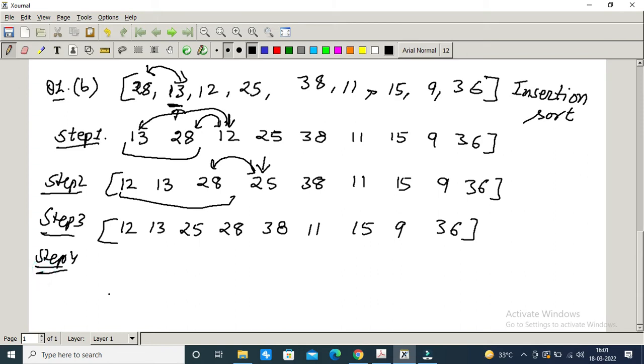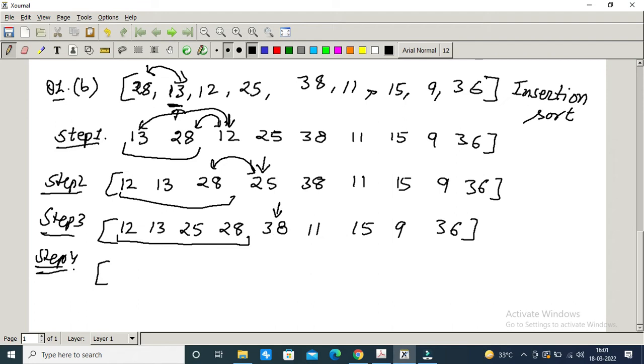Now all 4 elements are already sorted, and in the next step we will pick 38 and insert it at its proper place. Because 38 is obviously greater than 28, 25, 13 and 12, it will remain here only. So you will see that 38 is already greater than these 4 elements, so it will remain at this place.